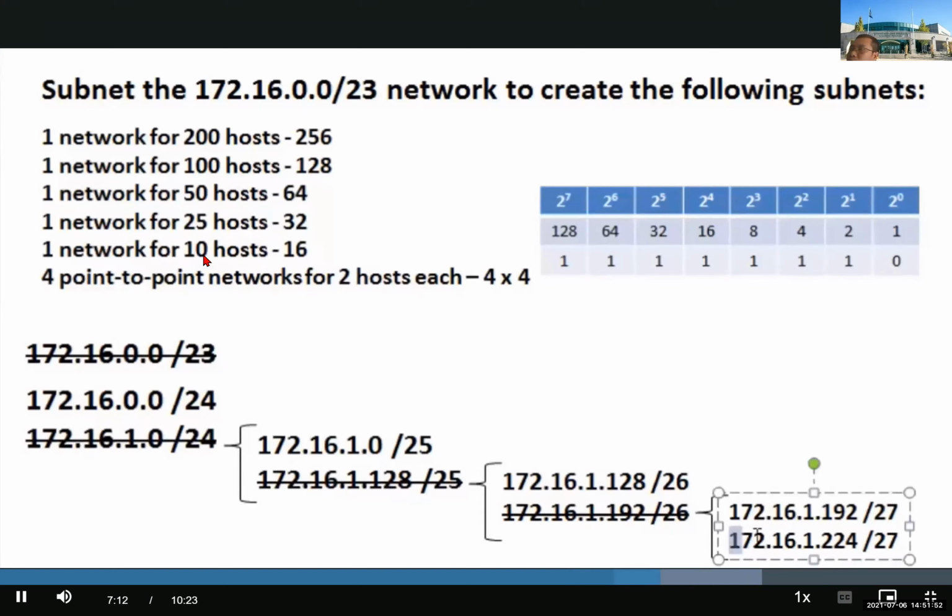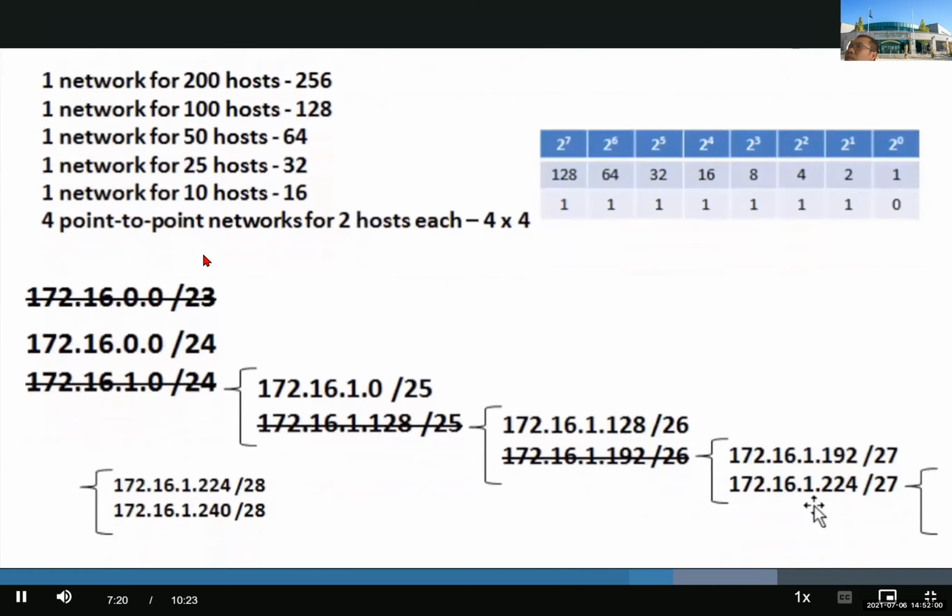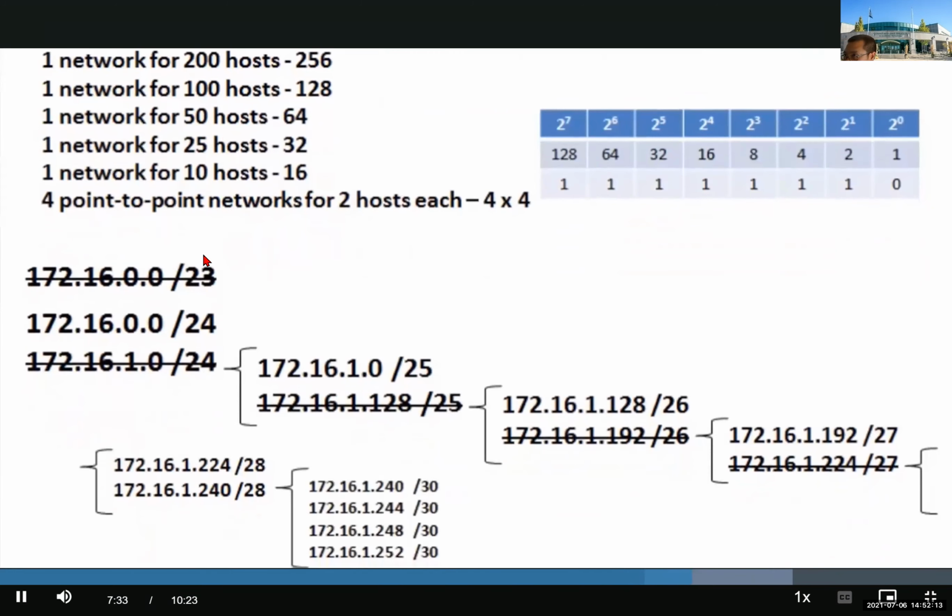I can take the second of these two subnets for 32 hosts and subdivide them to two 16-host subnets. To do this, we take the 224/27 subnet, change the subnet mask from /27 to /28, and now I have two smaller subnets. From here, I take the second of these two 16-host subnets. I only need one.